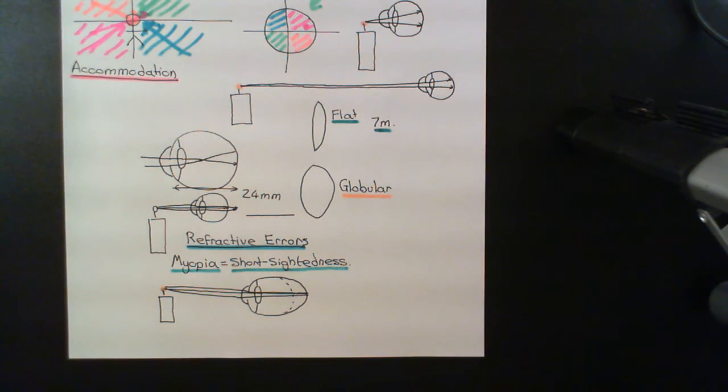And it's believed that short-sightedness actually arises from reading too many books. There is an association between people who read a lot of books as children and short-sightedness. And the reason is thought to be that if you spend a lot of time reading books whilst you're a child, then of course you're looking at things that are very close to you.